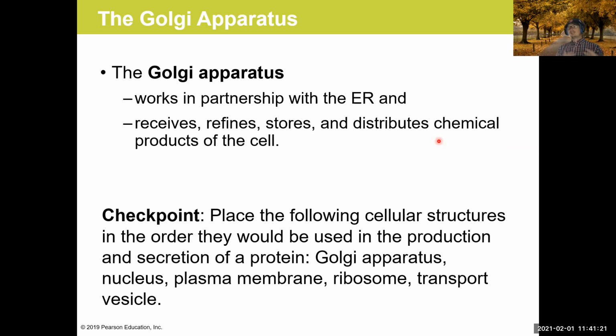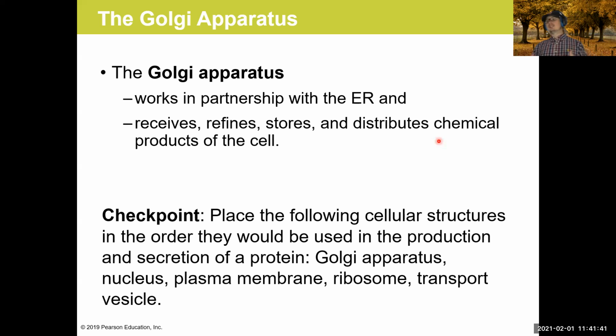So basically the ER is the production plant. It gets the information of what to build from the nucleus. And so the ER will build the proteins, it'll build the lipids. And then once those products are made, they'll go to the Golgi where it will be stored or modified or repackaged.